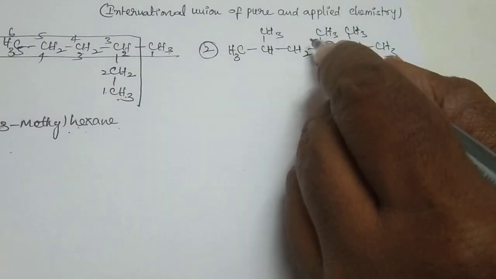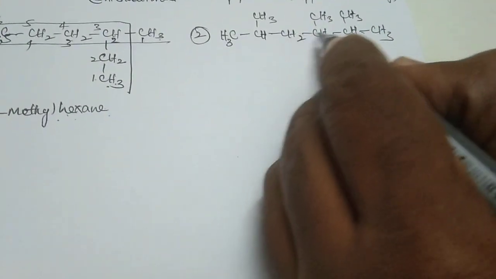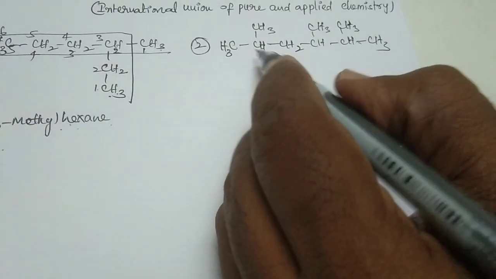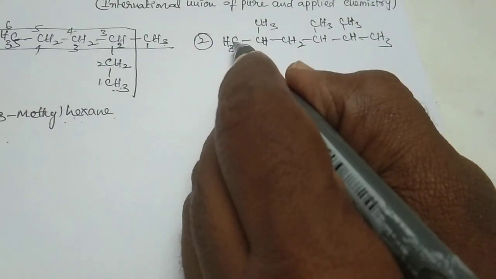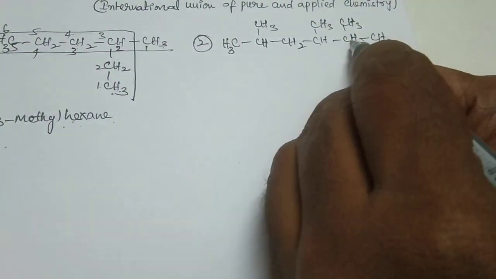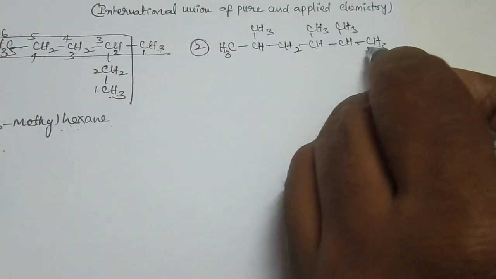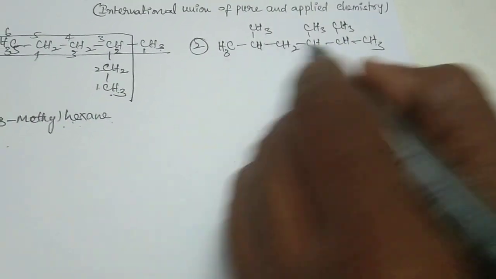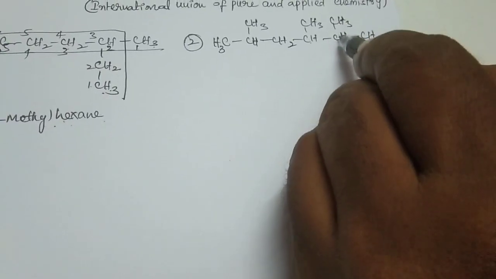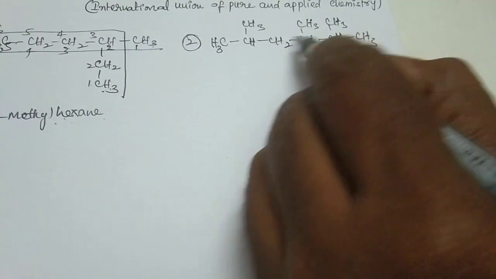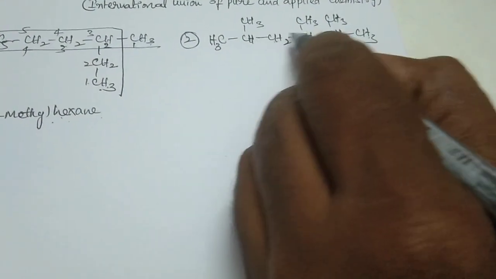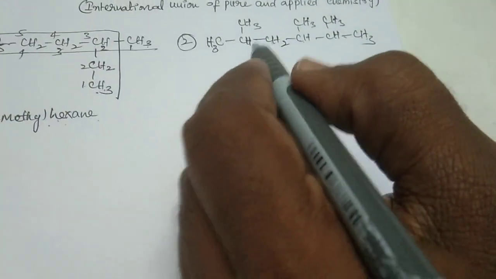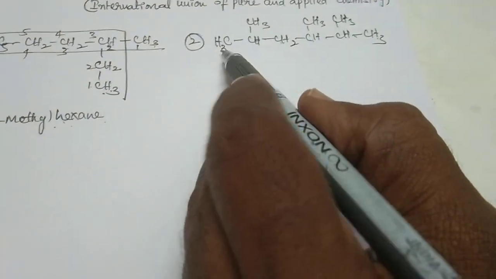Here you can see 1, 2, 3, 4, 5. First we have to select the longest carbon chain as the parent chain. So 1, 2, 3, 4, 5, 6 carbon atoms are here, and if you count from here 1, 2, 3, 4, 5, 6, and from here 1, 2, 3, 4, 5, and from here 1, 2, 3, 4, 5, 6. So the maximum is 6 carbon atoms.